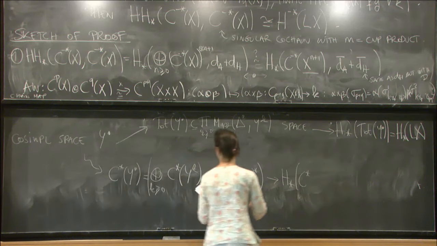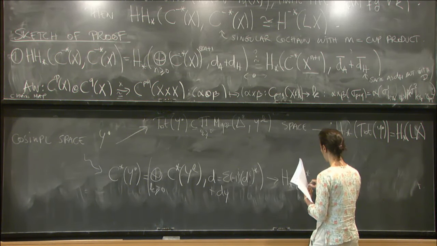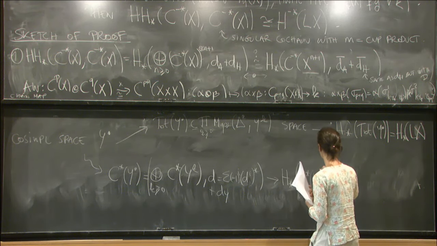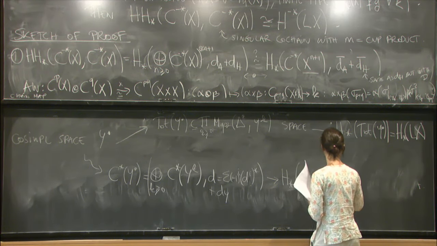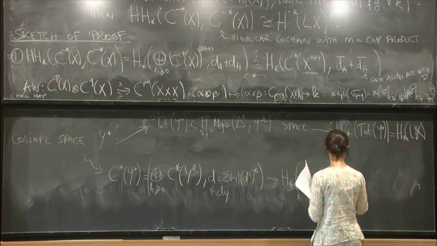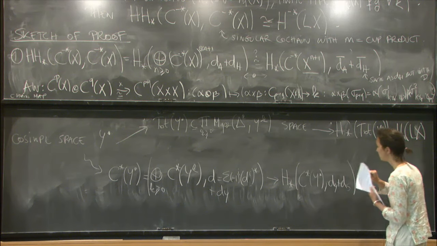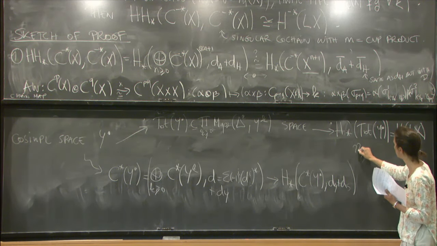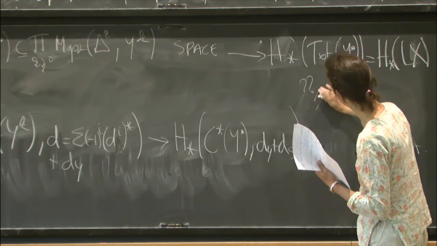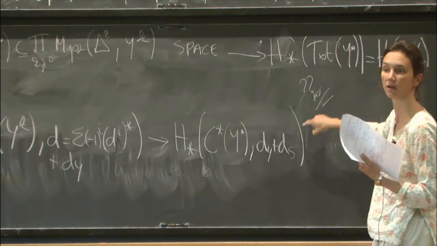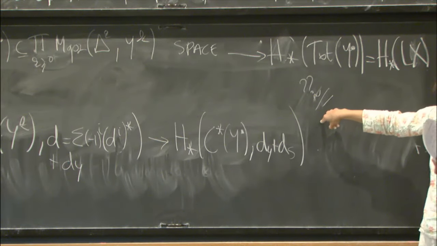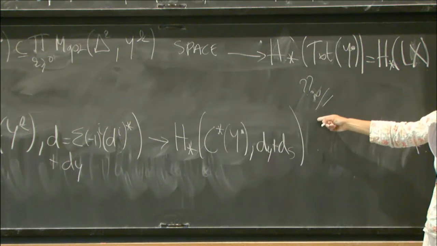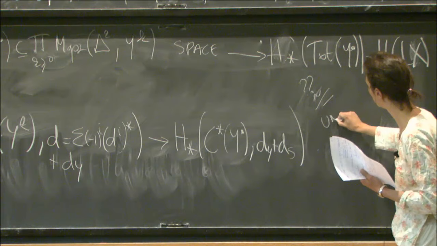So I make a total complex as we were doing before, C star Y dot with dY plus d simplicial, right? And then you can ask, well, are these equal, or isomorphic? And this is what is going on sometimes, in good cases, under assumptions.